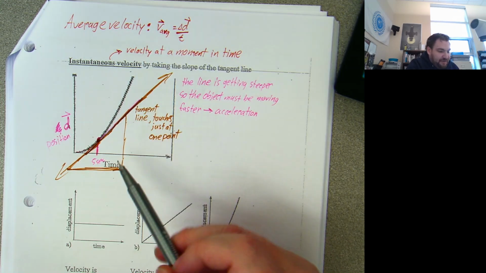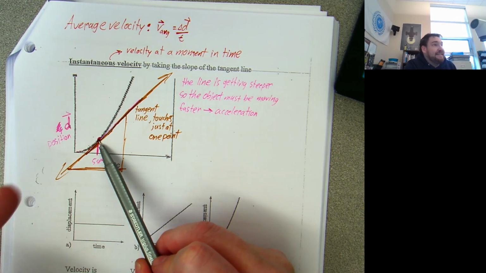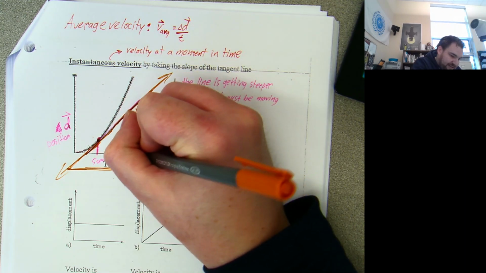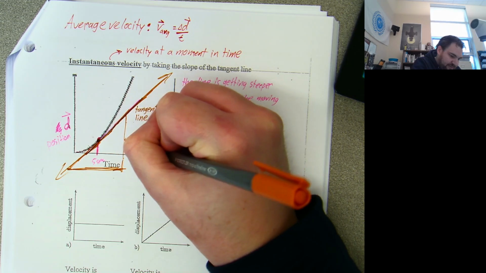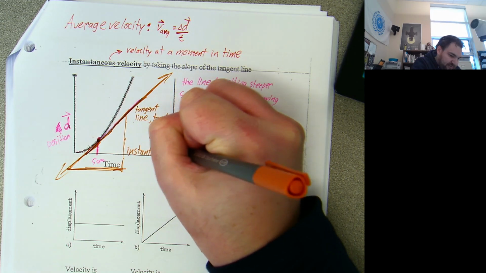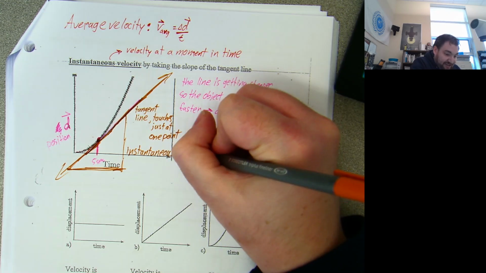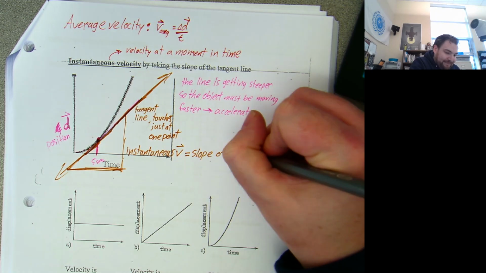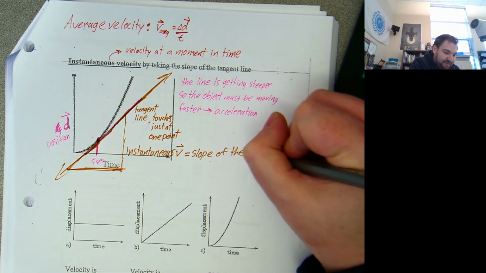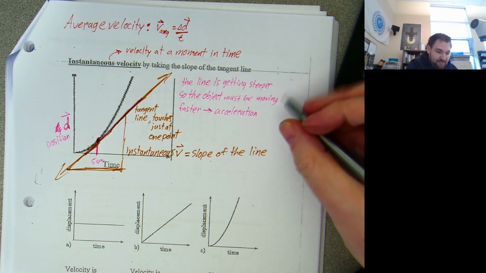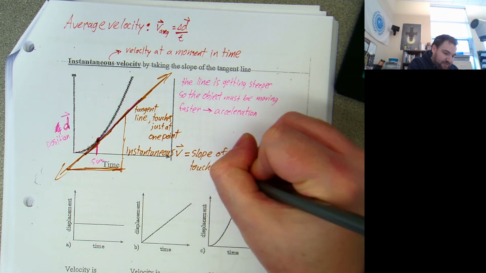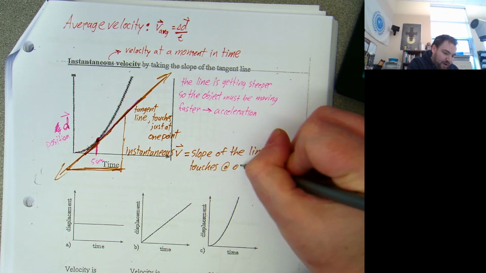So then the velocity at that moment, that instantaneous velocity, is going to be equal to the slope. So instantaneous v is going to equal the slope of the line that touches at one point.